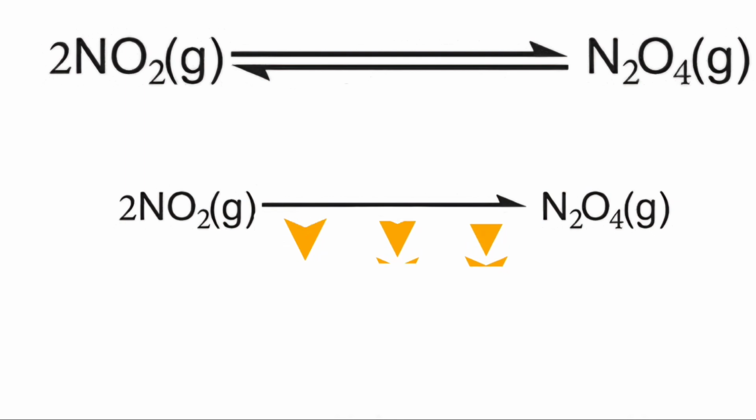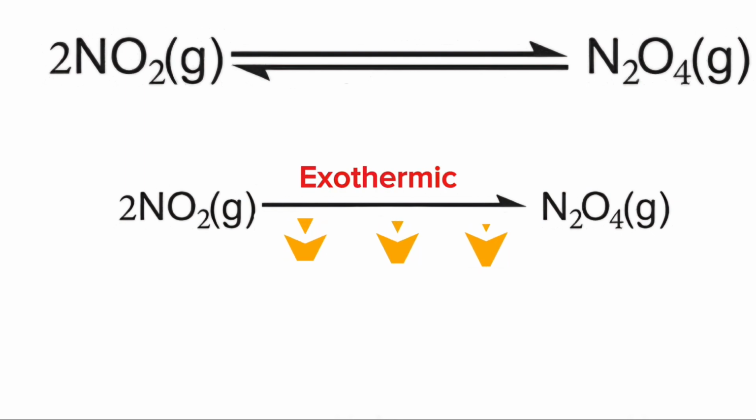Heat energy is given off. So what do we call such reactions in chemistry? They are called exothermic reactions. These are simply reactions whereby heat energy is released into the surrounding. So our forward reaction is exothermic because a lot of heat energy is released when dinitrogen tetraoxide is formed.